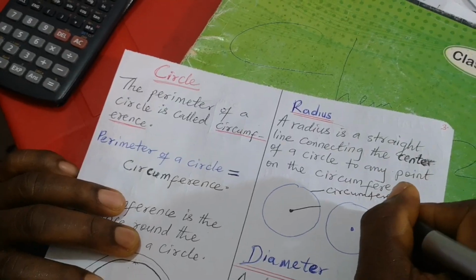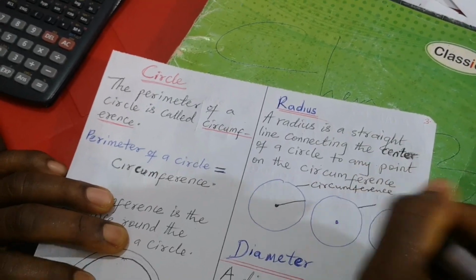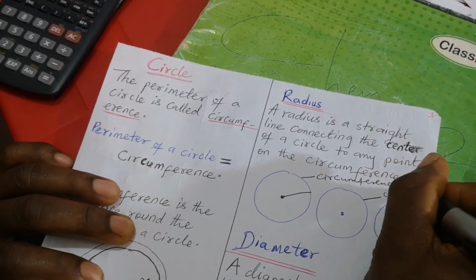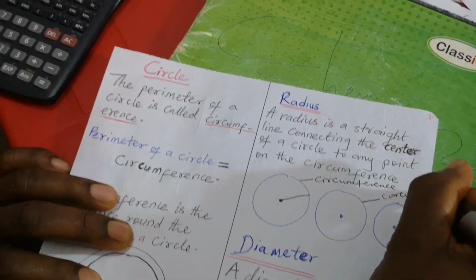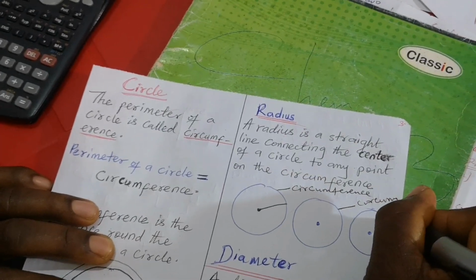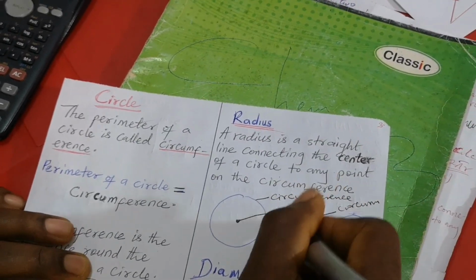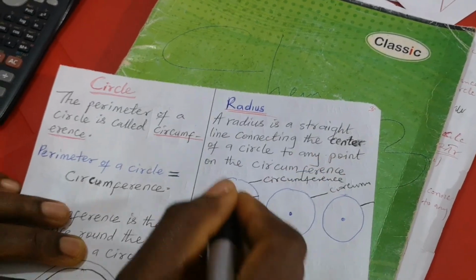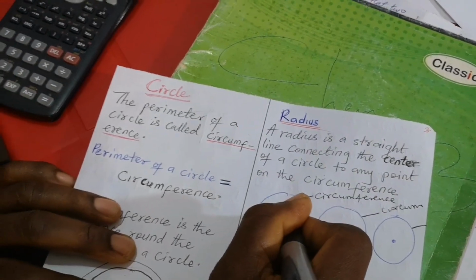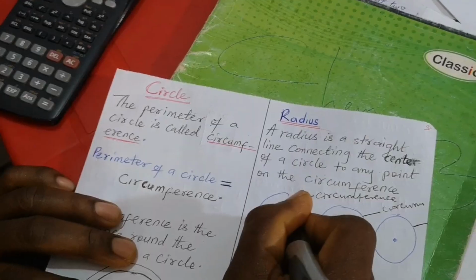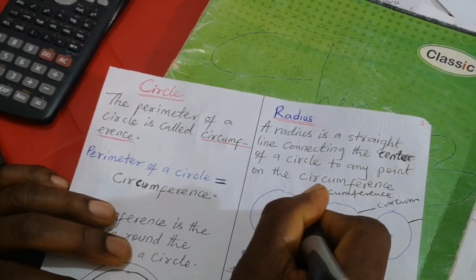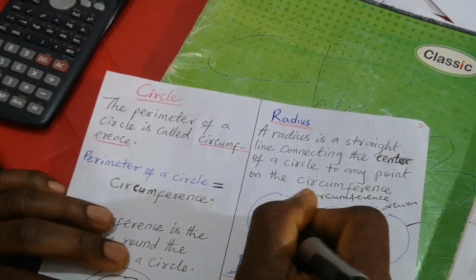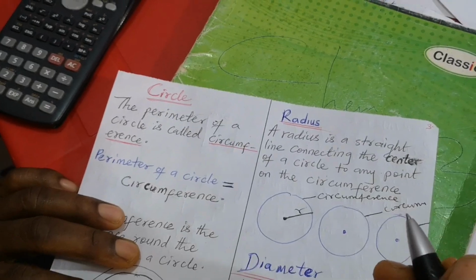So all these circular parts of this circle are the circumference. This circular part is the circumference of a circle. Now if I draw a straight line from the center of the circle to the circumference, this line is called radius.